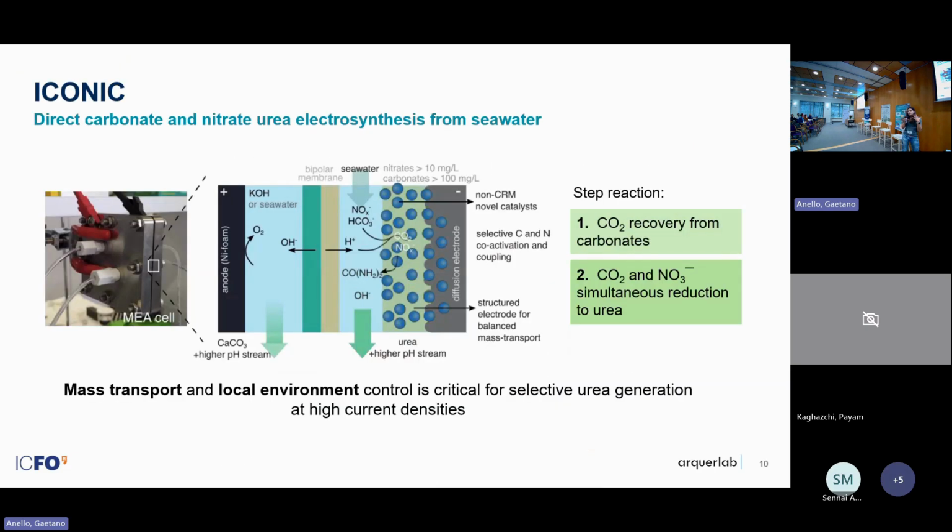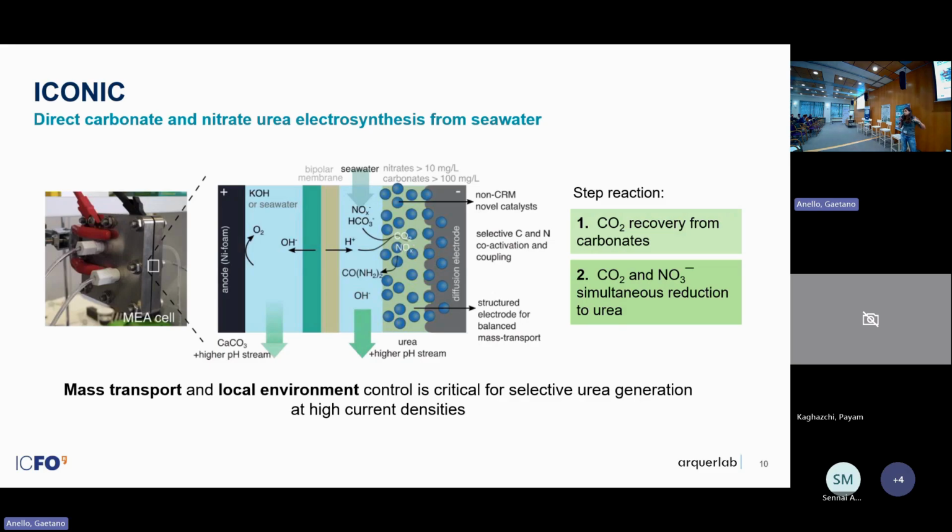The bicarbonate itself is not very easy to reduce, thermodynamically speaking. So we would need to divide our reaction into two steps. This is something very typical for bicarbonate reduction, apart from this process, which usually happens with the use of a bipolar membrane or any other proton source that you might want to use to recover the CO2 in situ inside the cell from the carbonates into CO2 gas.